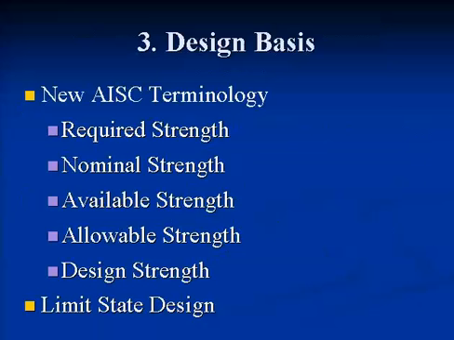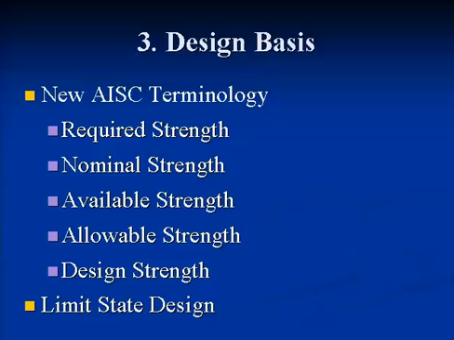There's a section on design basis, which is sort of a rehash of some of the stuff in Chapter A of the specification. We were working on this document before the 2005 spec was dry on the paper, so we felt we needed to do some education on the new paradigms in the specification, like available strength, required strength, all new terms that hadn't been out there.